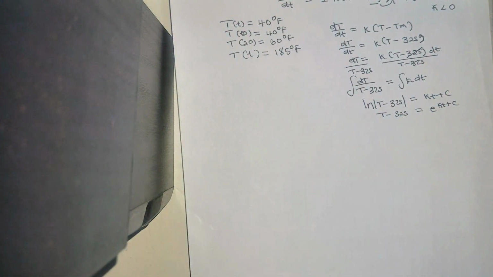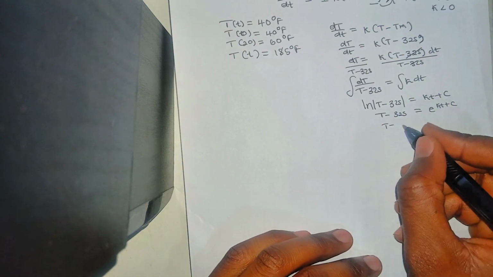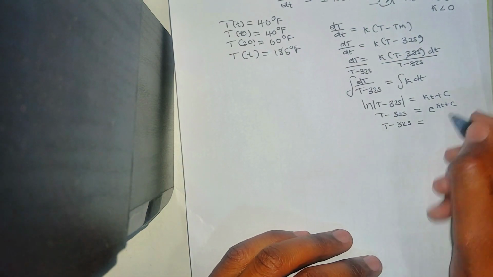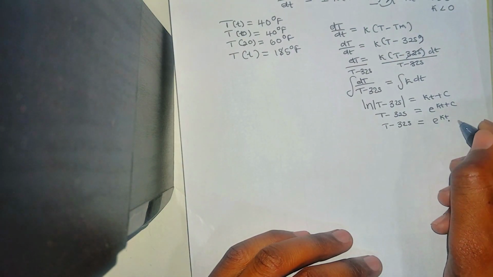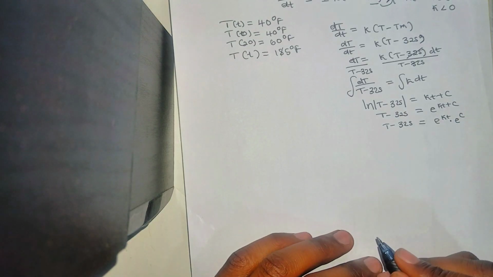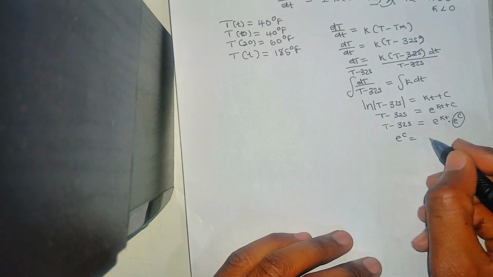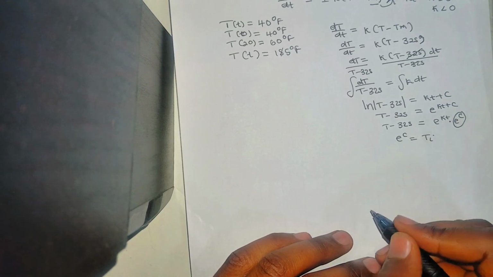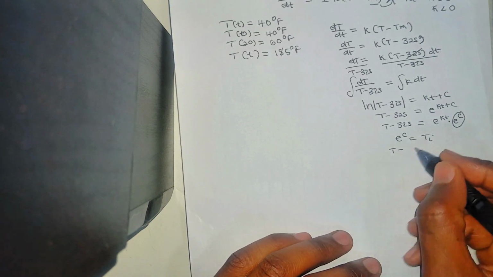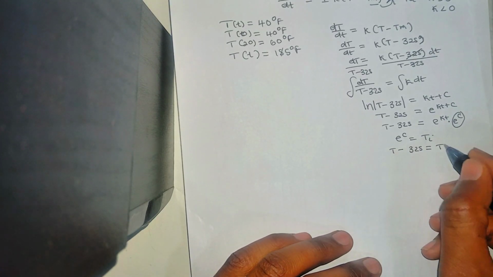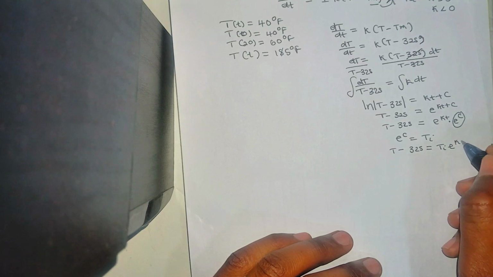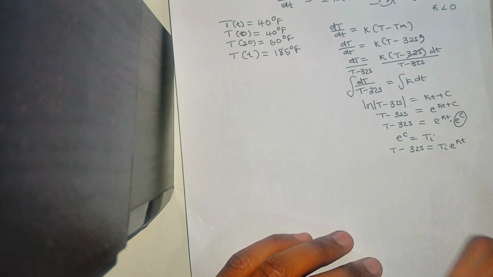Right, so now with the rules of exponents for multiplication, this is our constant, right? So we can just say this is equal to maybe T initial. You can name it whatever you want, right?